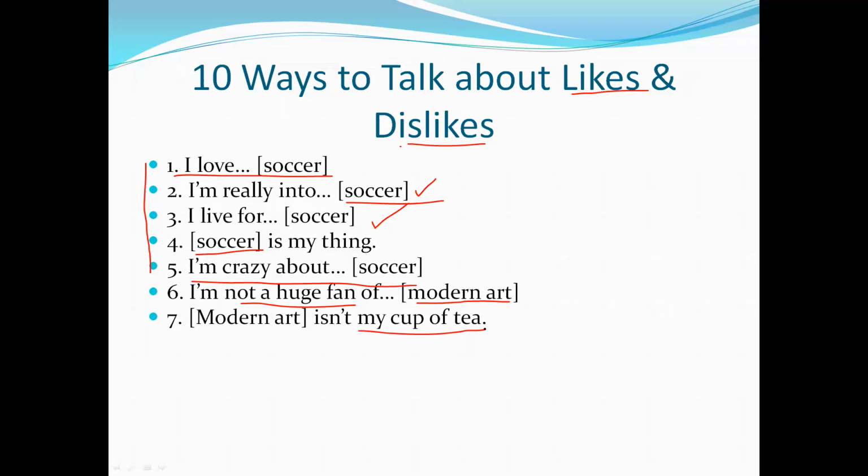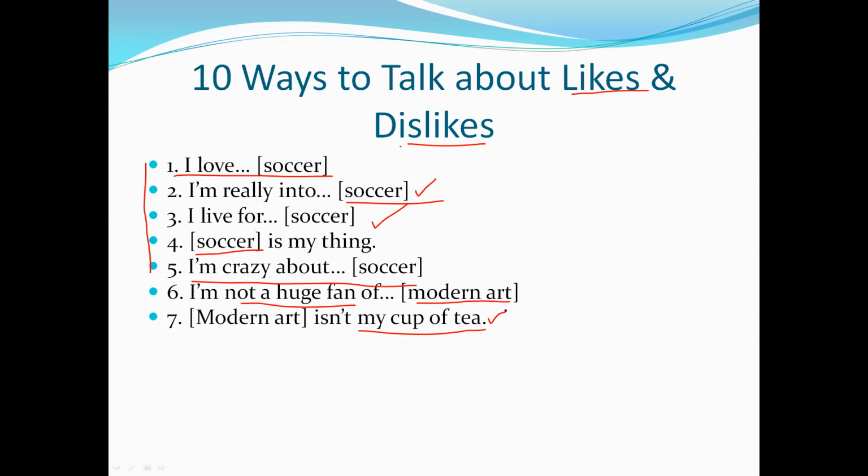So if you find that something is quite simple and easy, you can say that singing is my cup of tea. And on the other hand, if you don't like dancing, you can say dancing isn't my cup of tea. So based on your likes and dislikes, you can modify sentences in a positive way or in a negative way also.